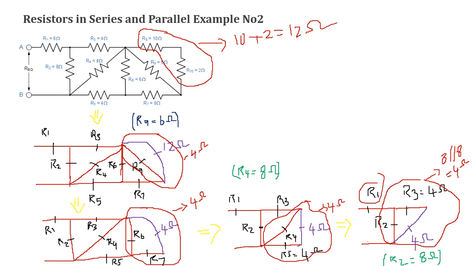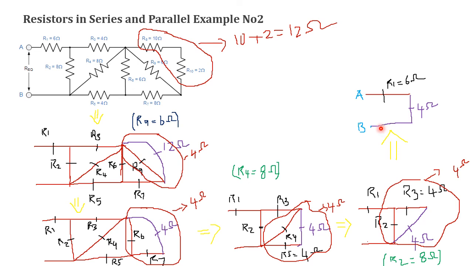So that 4 ohm resistor is connected in series with this R1. So again I am going to redraw the final simplified circuit. So here finally this 4 ohm resistor is connected in series with this 6 ohm resistor. Now we need to find the equivalent resistance between point A and point B. Therefore 6 plus 4 is equal to 10 ohm.